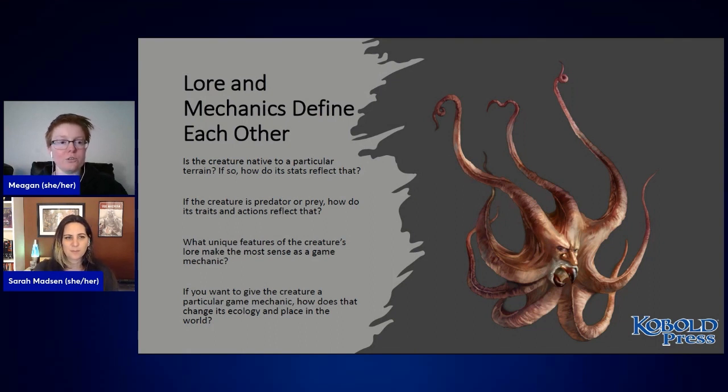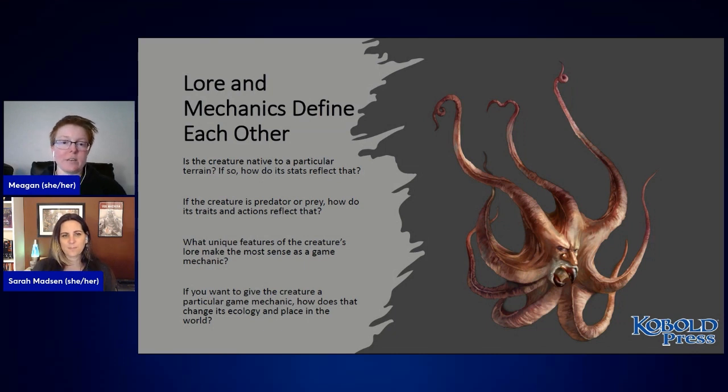So when you're trying to create something that does fit within that range of things that they're doing, you're going to want to look at your lore and what you can pull from it into mechanics. Is the creature native to a particular terrain? How is that going to affect it? Does that mean it has camouflage in that terrain, so it's good at hiding in it?